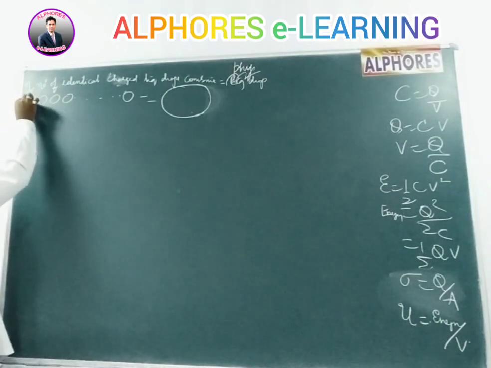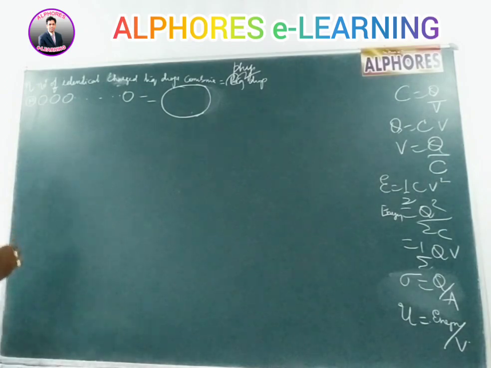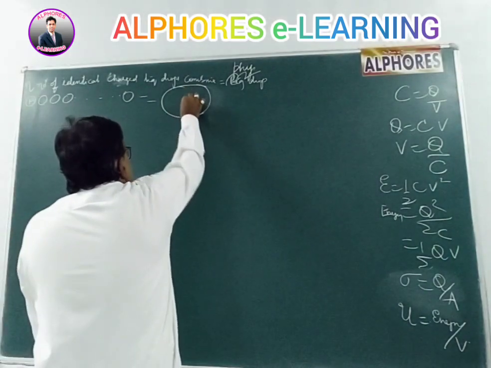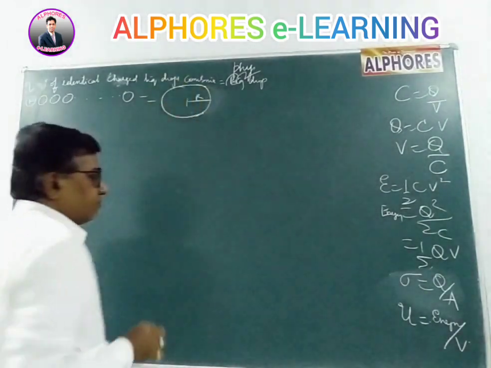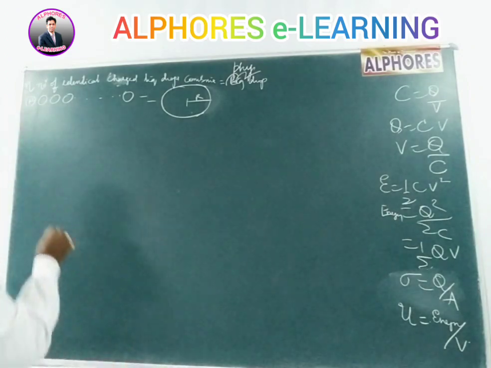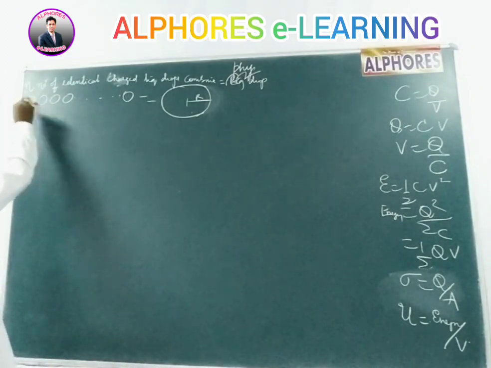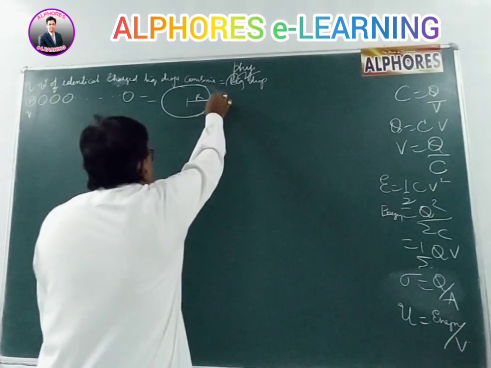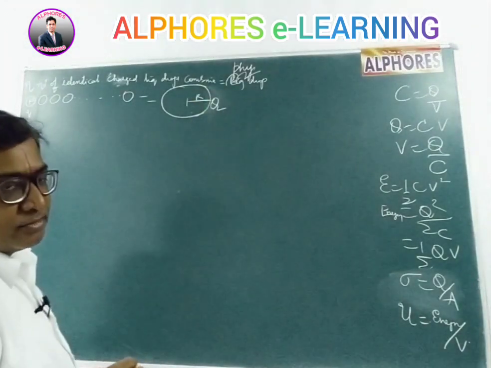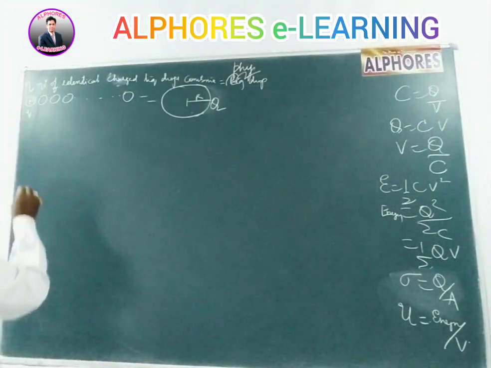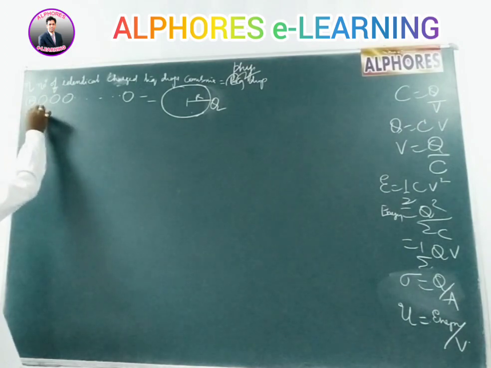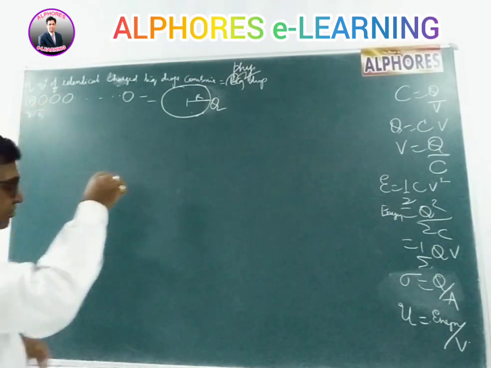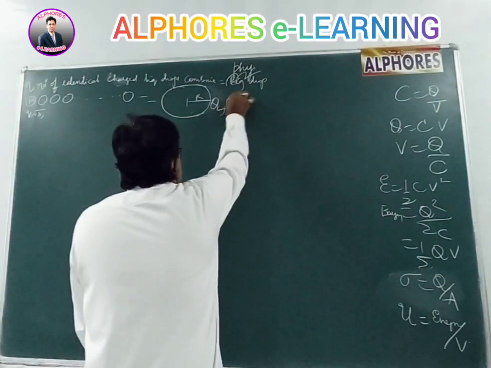let the radius of the smaller drop be small r and the radius of the bigger drop be capital R. The charge on the small drop is small q and on the bigger drop capital Q. The surface charge density of the smaller one is sigma s, and for the bigger one sigma b.